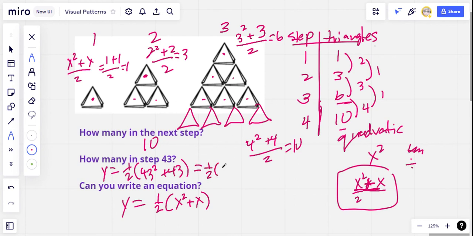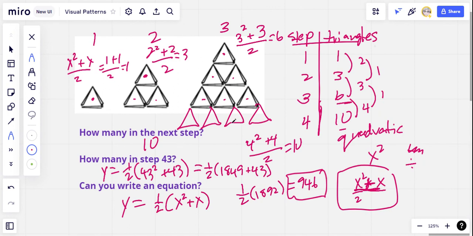So we've got 1/2 times 1,849 plus 43. And that is 1,892. So 1/2 times 1,892, and we'll divide that by 2. So that'd be 946. All right, so it looks like there are 946 triangles in step 43.